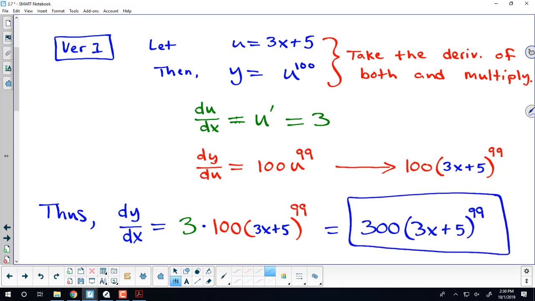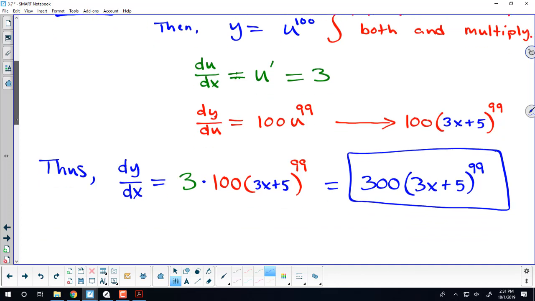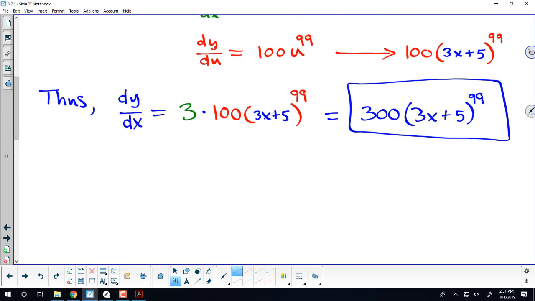So that is the derivative of 3x plus 5 to the 100th power. How did you jump from the derivative of y in relation to x to equals 300 times...? Oh, I see what we did.